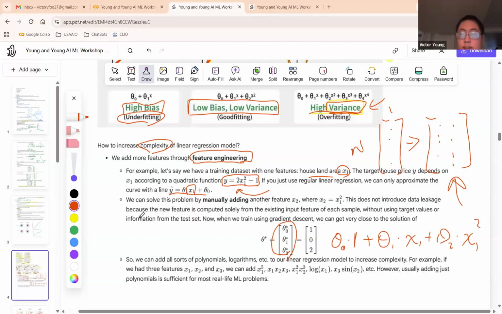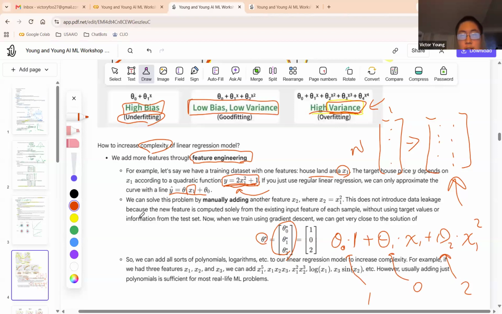So now it is able to learn this because x1 squared is right here. It will just learn to have theta 2 be 2. And because it does not depend on x1, it depends on x1 squared, theta 1 will go to 0. And the intercept is just 1 right here. So our final weights will be 1, 0, 2.